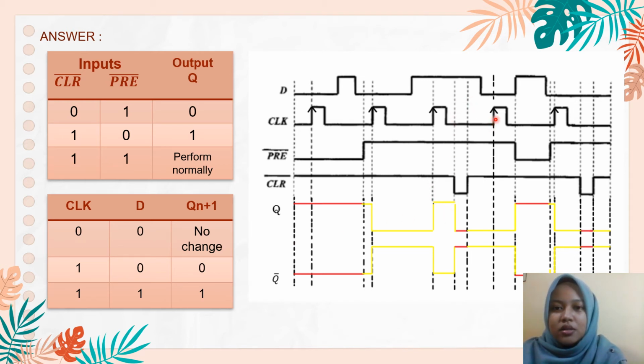Okay, the fourth clock D0, preset 1, clear 1, output becomes 0. Okay, the last clock D0, preset 1, clear 1, output is 1. Okay, the Q bar is the inverse of Q.